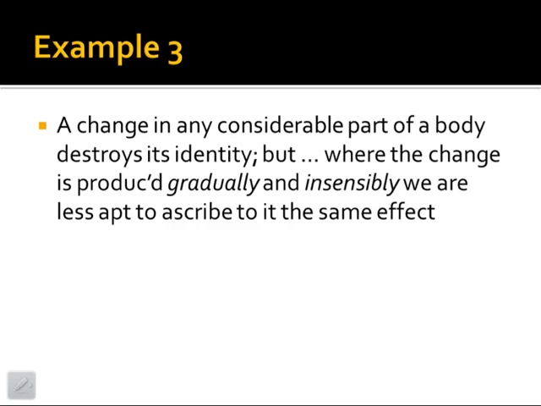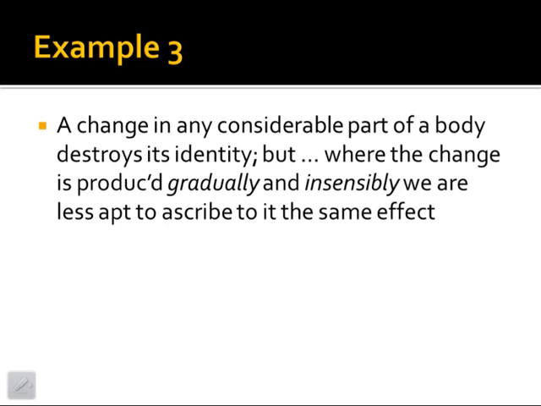So here's another example, example 3. There'll be 3 more examples in the next module. Here's another example that Hume uses to prove that our ideas about identity are more to do with our lazy minds than with any kind of intrinsic principle. Yeah?